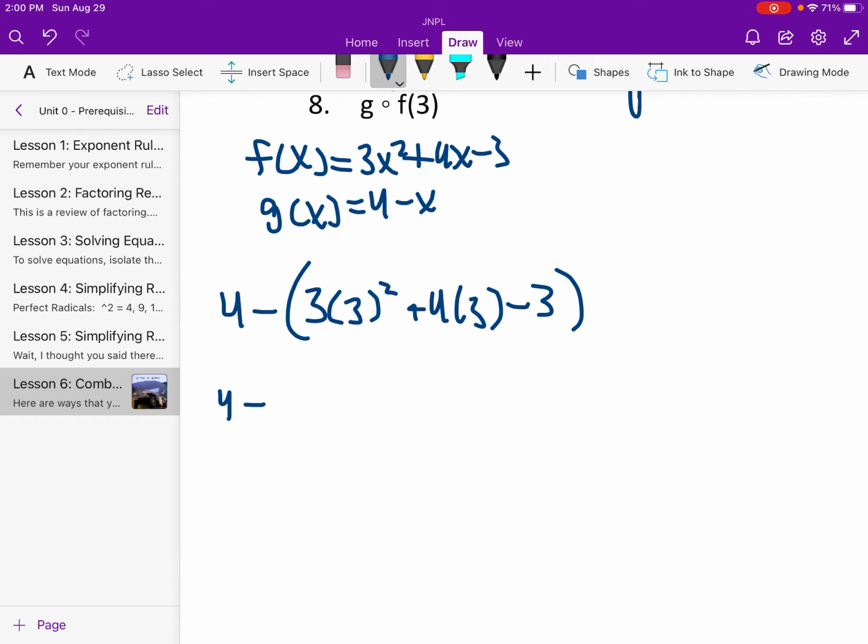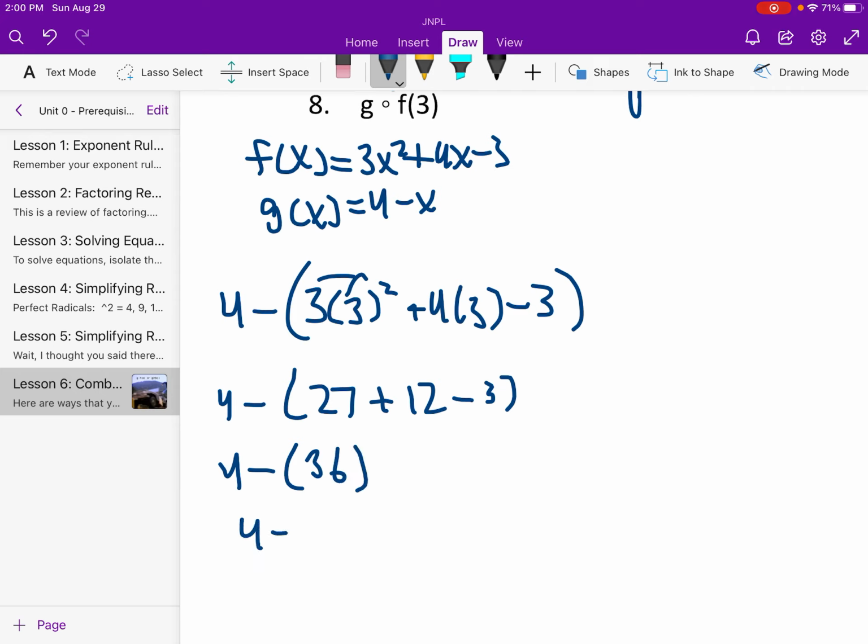So let's first solve that out. 3 squared is 9, times 3 is 27, plus 12, minus 3. So 27 plus 12 gives you 39, minus 3 is 36. Then 4 minus 36 would give you negative 32.